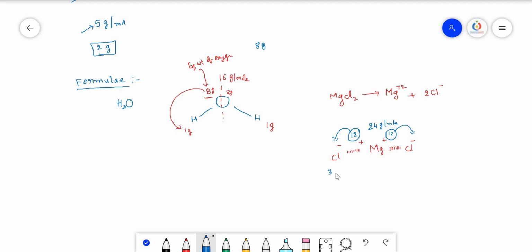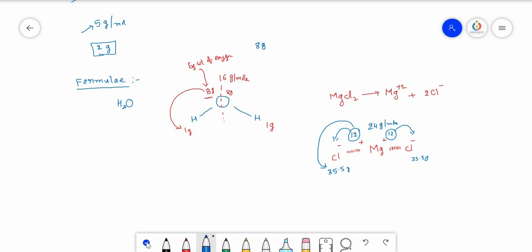The chlorine atomic mass here is 35.5 grams, and here also it is 35.5 grams. This means 12 grams is the mass of magnesium that is able to combine with 35.5 grams of chloride ion. Hence this is called the equivalent mass of the magnesium.